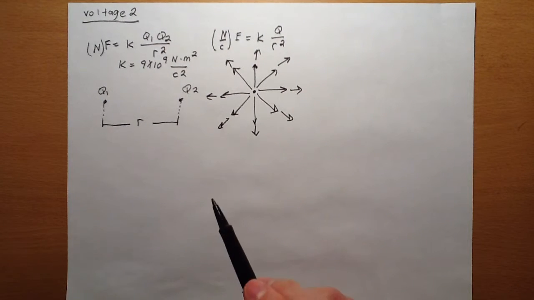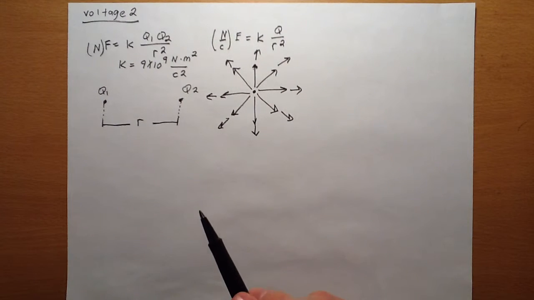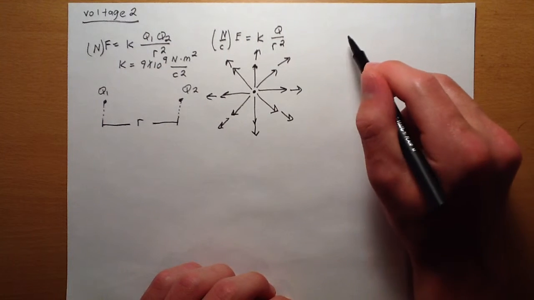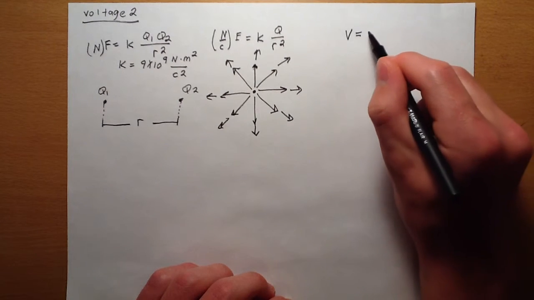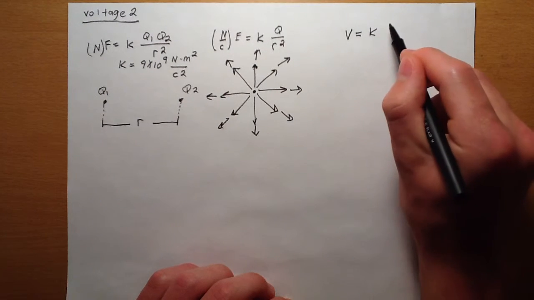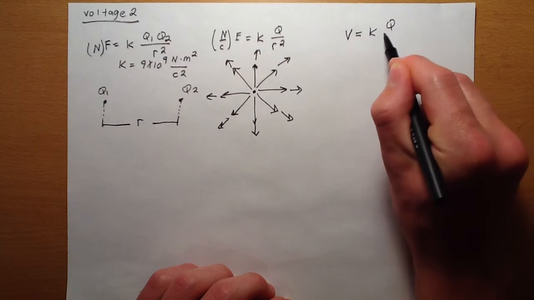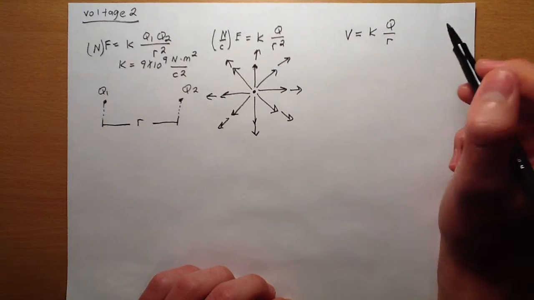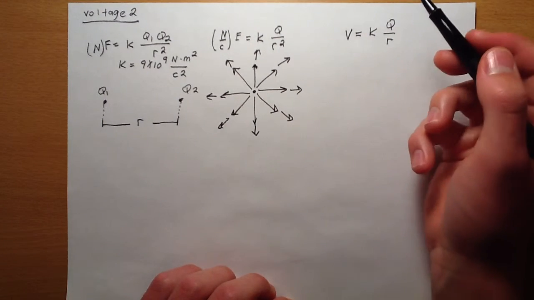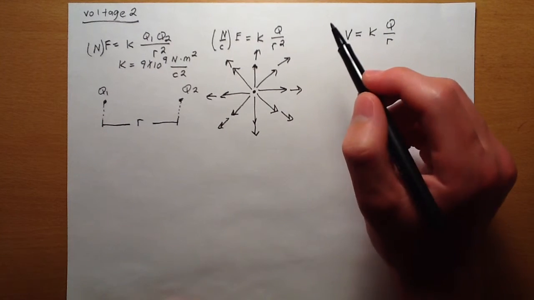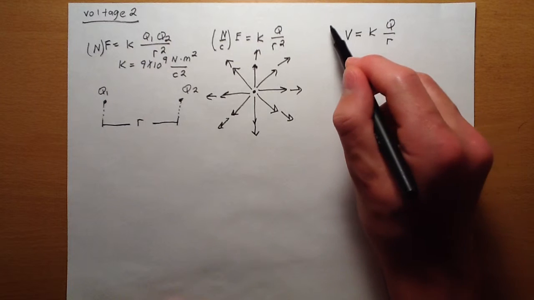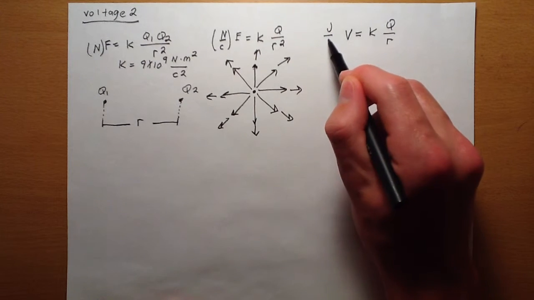Today we are going to introduce a new equation, and that equation is for voltage. Voltage is equal to K times Q over R. And we know that for voltage, we use units of volts, and a volt is equal to a joule per coulomb.